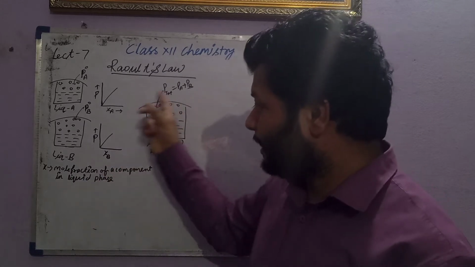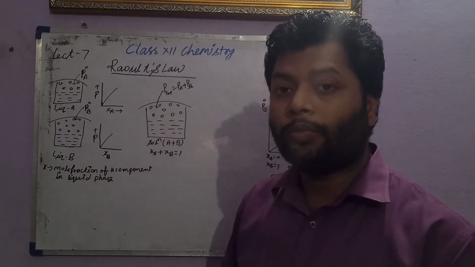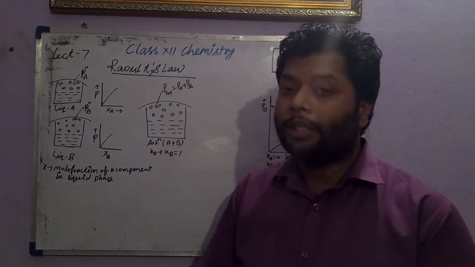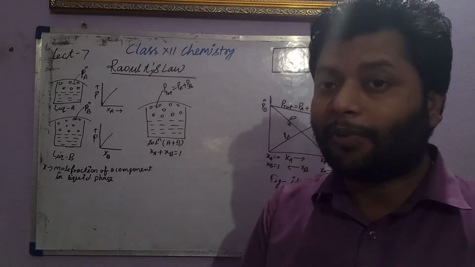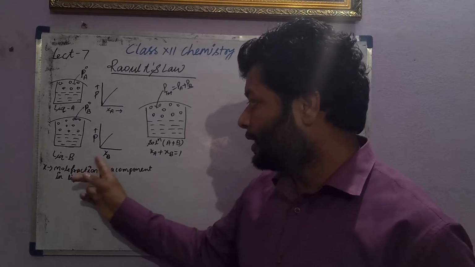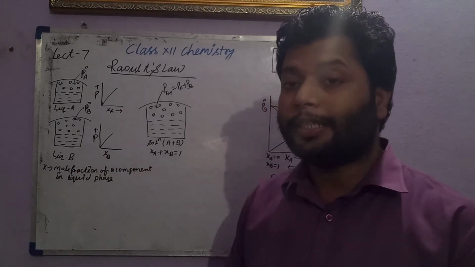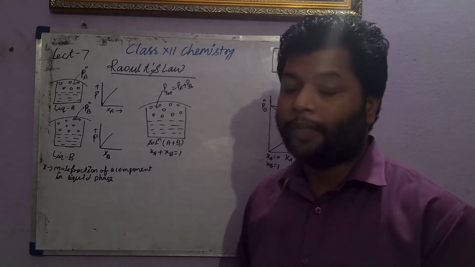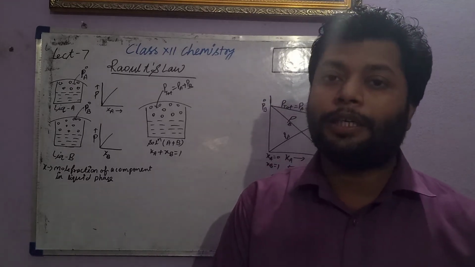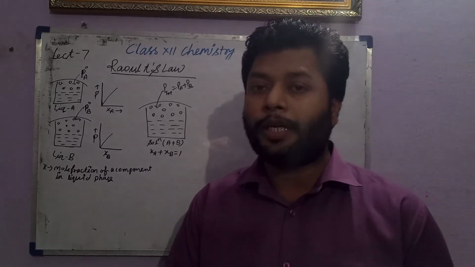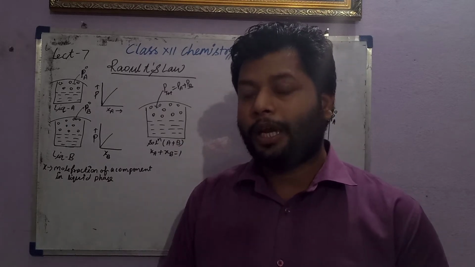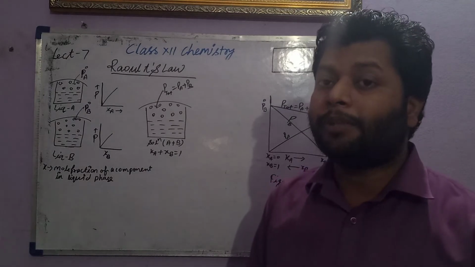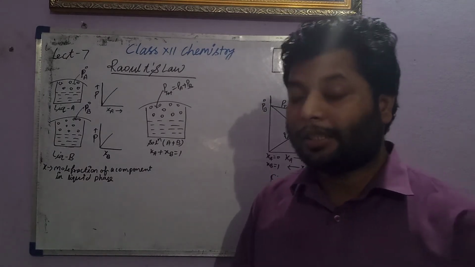So what is the relation of Raoult's law with a partial pressure or a total pressure? That is the mole fraction of a component in a liquid phase, which is indicated by x. But for the same concept we can also calculate the mole fraction of any component in a vapor phase, and for that we have to use one of the basic laws of Dalton, given in class 11.